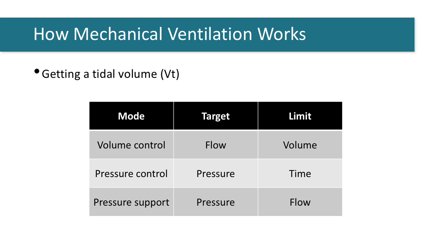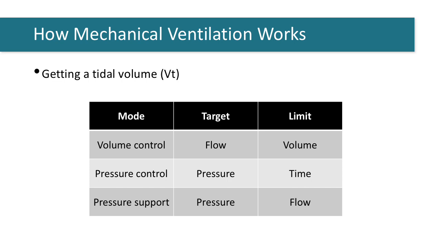In pressure support, the target is again pressure, but this time the limit is actually flow. Initially, when pressure is applied by the ventilator, inspiratory flow rapidly rises, and then as the lung is inflated up the pressure volume curve, flow begins to drop as the lung stiffens.